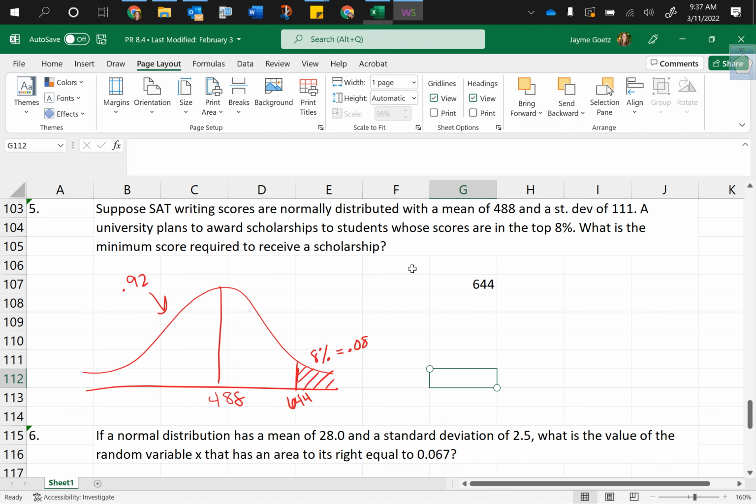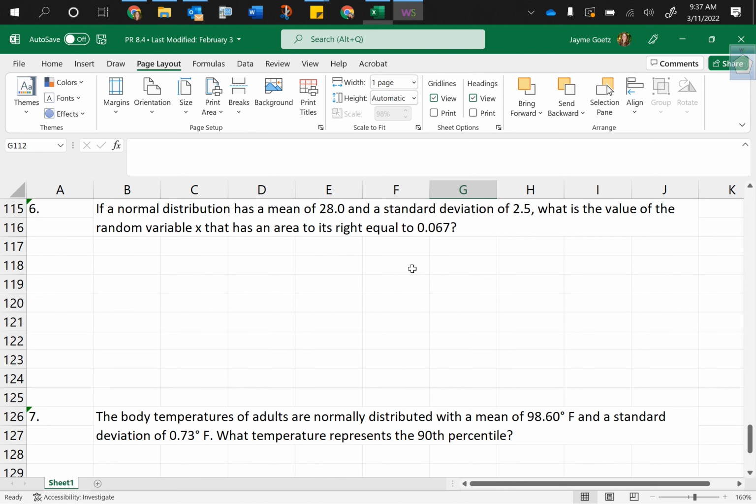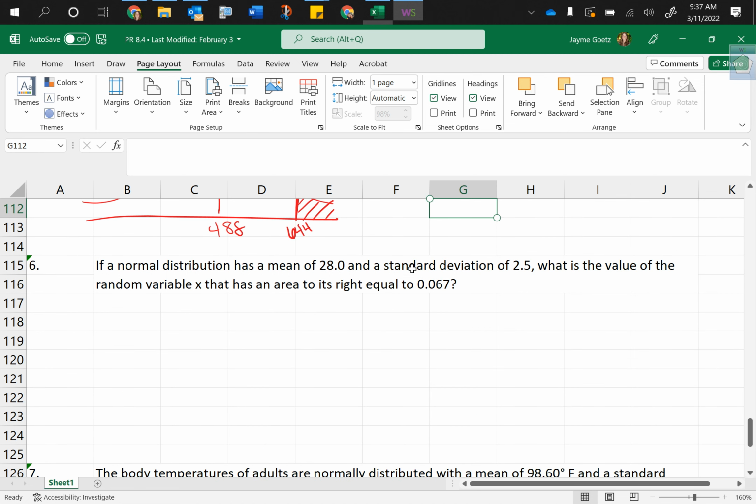All right, let's go to number 6. If a normal distribution, so I'm going to sketch that out, has a mean of 28.0 and a standard deviation of 2.5, what is the value of the random variable x that has an area to the right that is equal to 0.067?